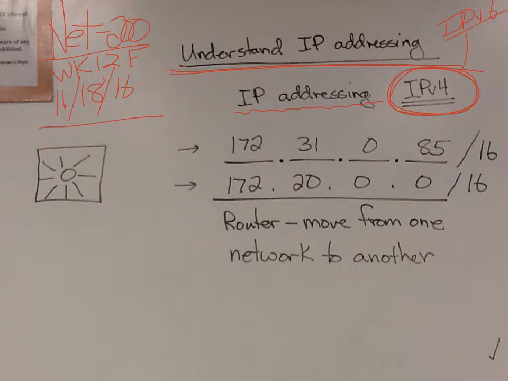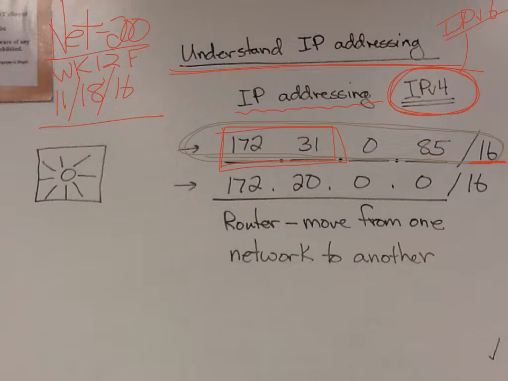So here, the other day in IT Essentials, we talked about my workstation in front of the room was on the 172.31 network. Now, how do I know that that's the network part of this address? How do I know that?